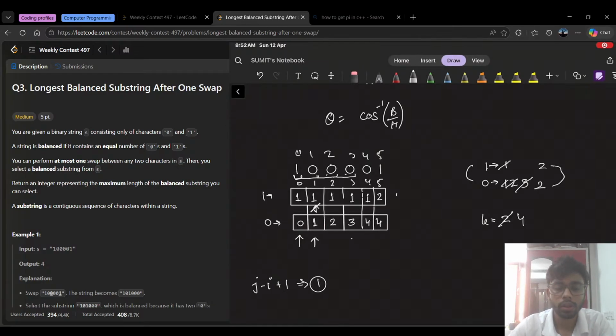If this is the case, else if ones of j minus 1 equals to zeros of j plus 1, and else if ones of j plus 1 equals to zeros of j minus 1.